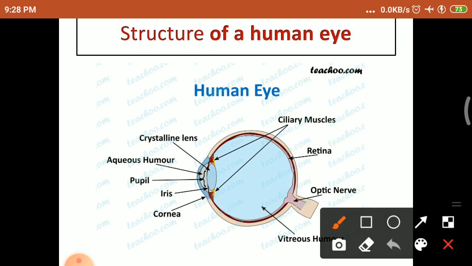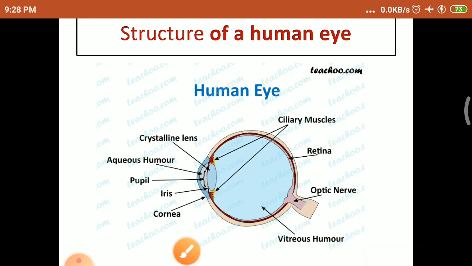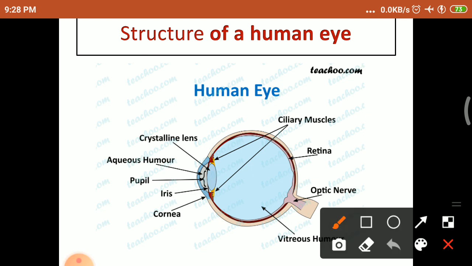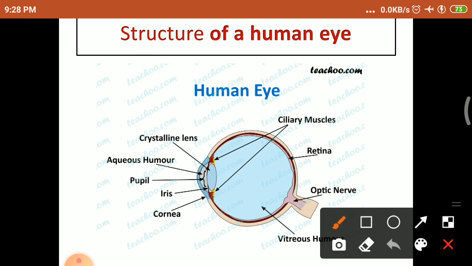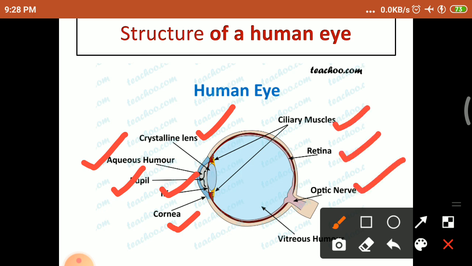In between the retina and the eye lens, the vitreous humor is filled. In between the iris and cornea, the aqueous humor is filled. So when you are drawing this diagram, you have to mark these parts: crystalline lens, aqueous humor, pupil, iris, cornea, ciliary muscles, retina, optic nerve, vitreous humor.